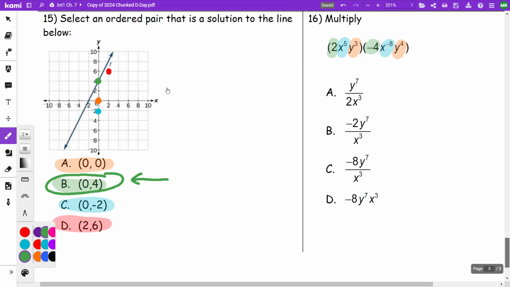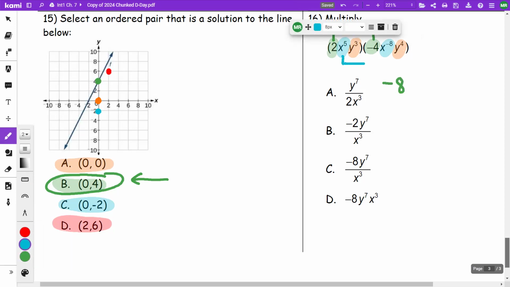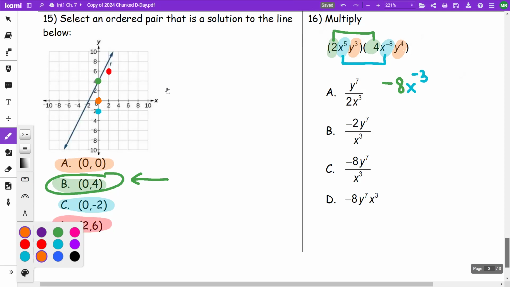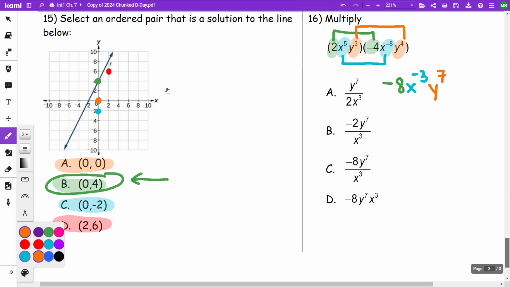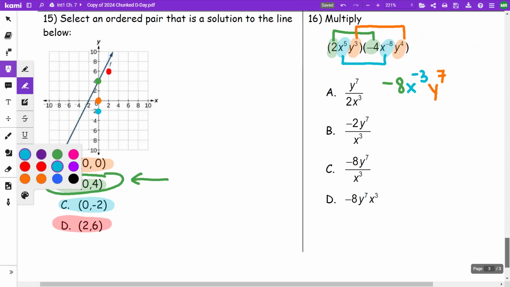So negative 4 times 2 is going to be a negative 8. My x to the 5th and x to the negative 8th: I add the exponents, so 5 and a negative 8 make a negative 3. I'll deal with that in a second because I don't like negative exponents. And then my y to the 3rd and my y to the 4th, I add those and get y to the 7th.